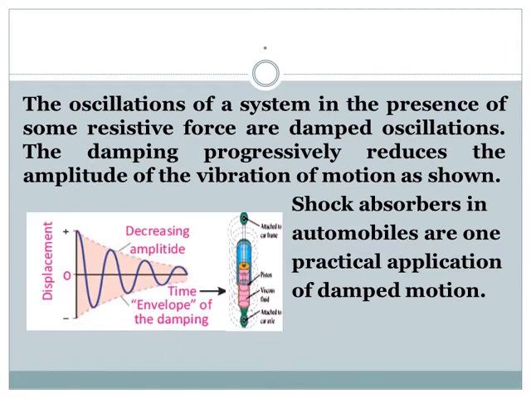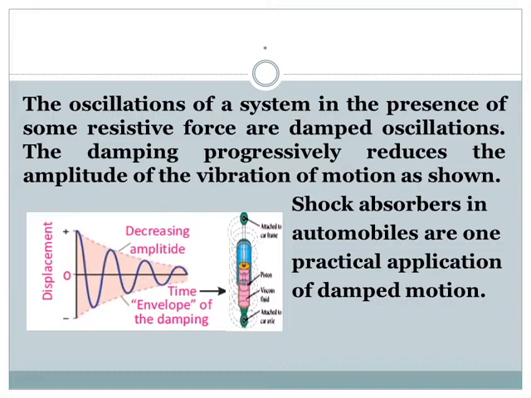So finally we are in a position to define damped oscillation. The oscillations of a system in the presence of some resistive force which causes the decrease in the amplitude of the oscillation are called damped oscillations.